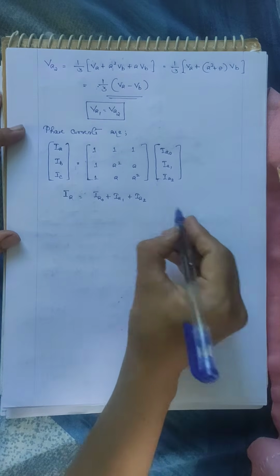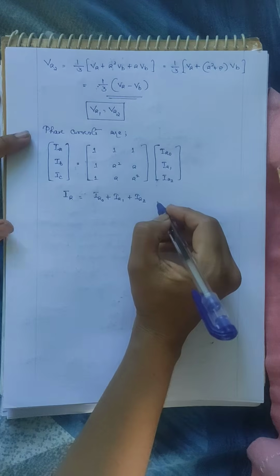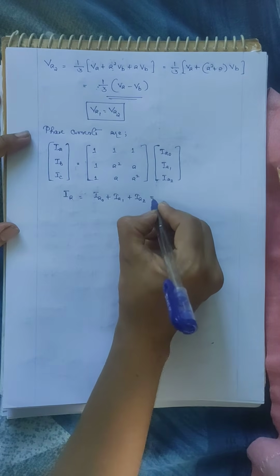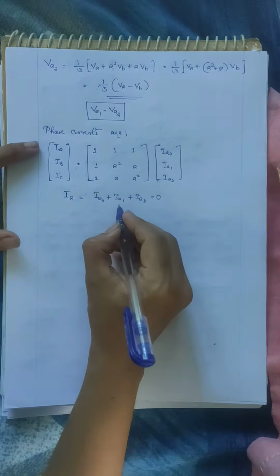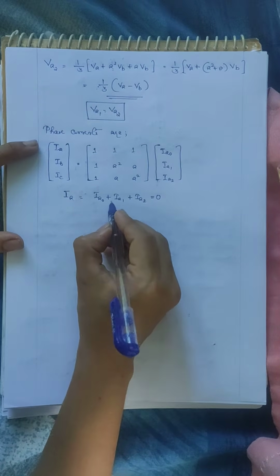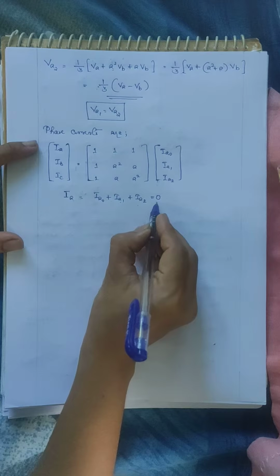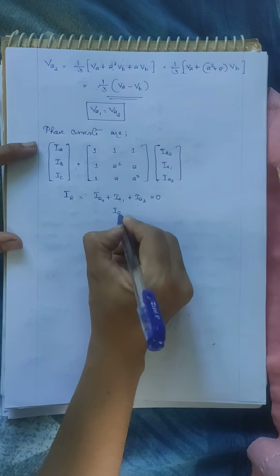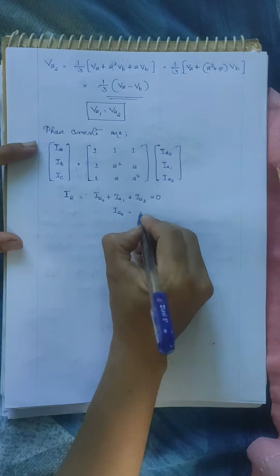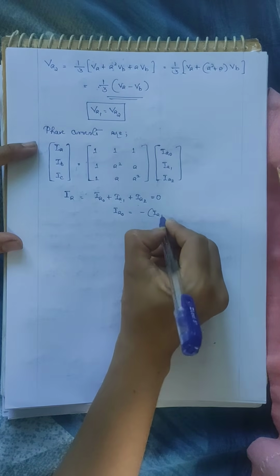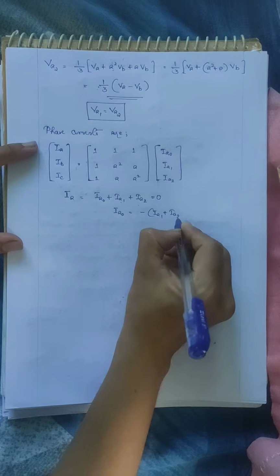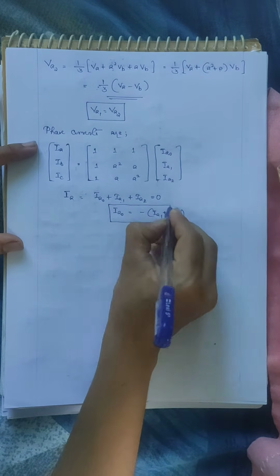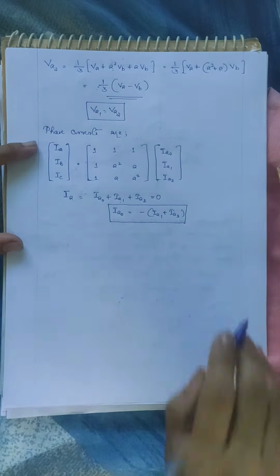We already wrote that as our boundary condition, IA is equal to 0. So we can substitute it here: IA0 plus IA1 plus IA2 is equal to 0. From here IA0 is equal to minus of (IA1 plus IA2). This relationship is also important, so mark this also.